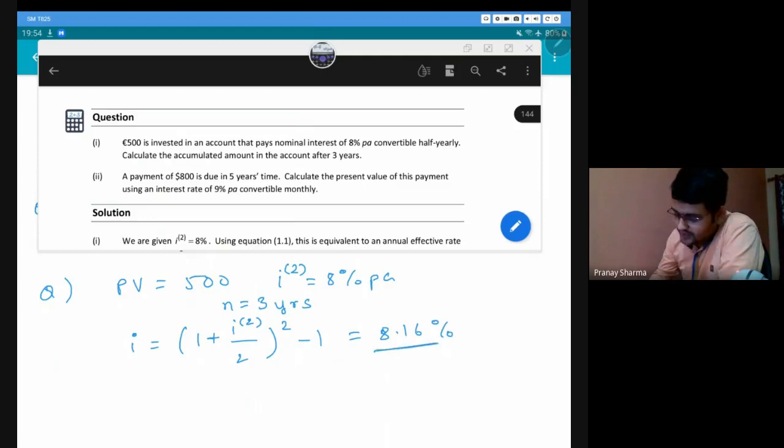We have converted it, now we can use it. So our future value will be equal to our present value times 1 plus I raised to 3. That way I'll get 500 times 1.0816 raised to 3.